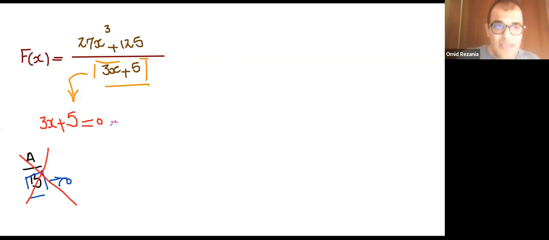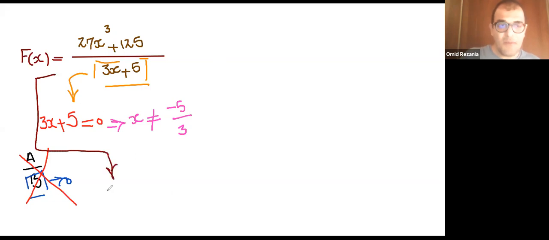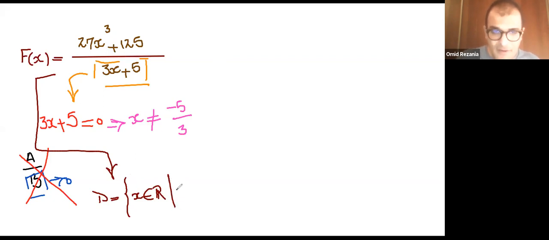Then you say that x can be anything except x should not be equal to minus 5 divided by 3. So I'm not going to do anything with the function, but I know the domain is all real numbers, no imaginary or complex numbers involved. However, x should not be equal to minus 5 over 3.